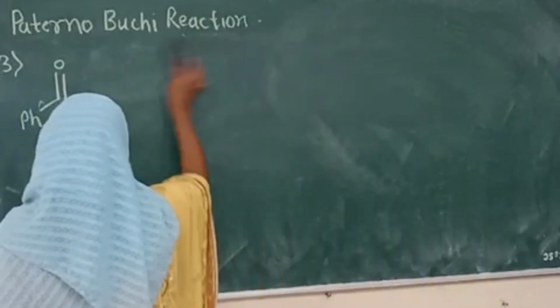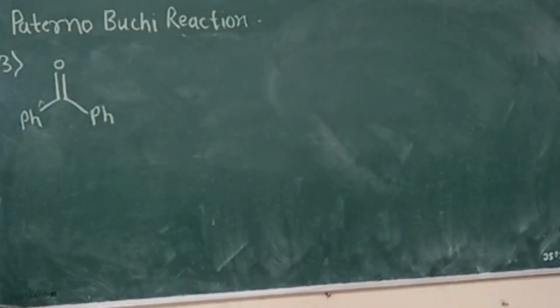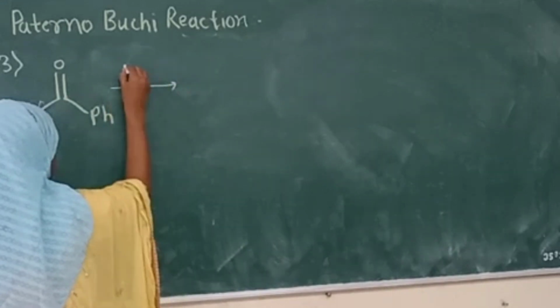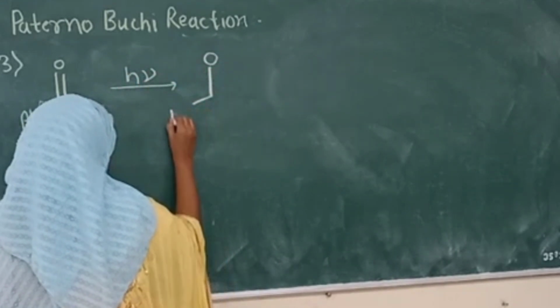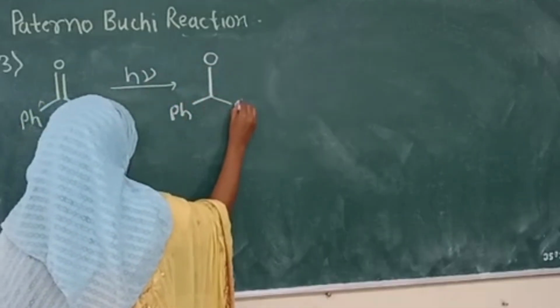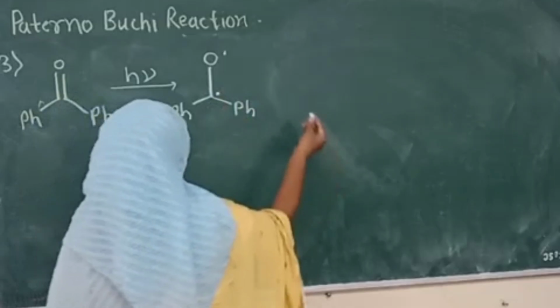We already discussed that our carbonyl compound undergoes the triplet excited state in Paterno Buchi, then radical formation. So here two radicals are formed.